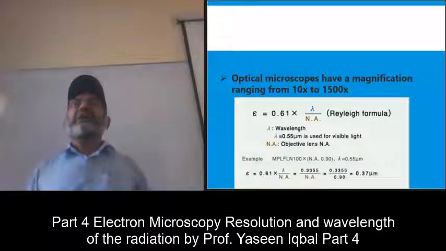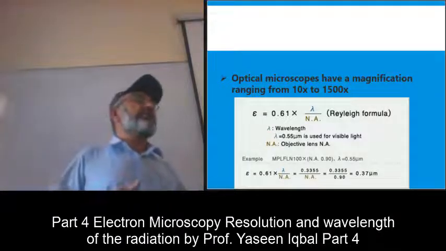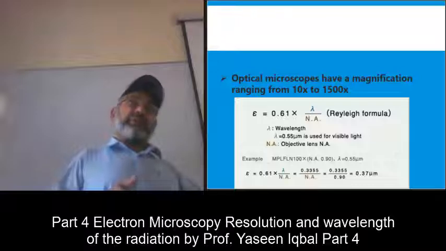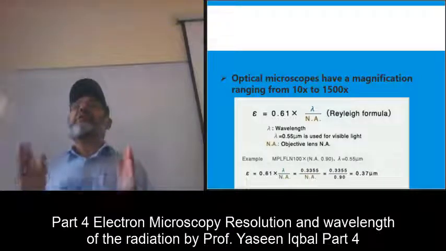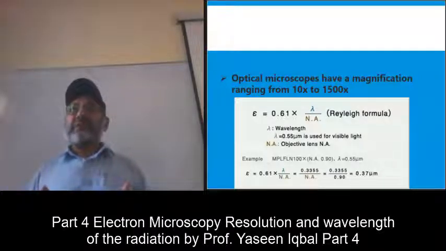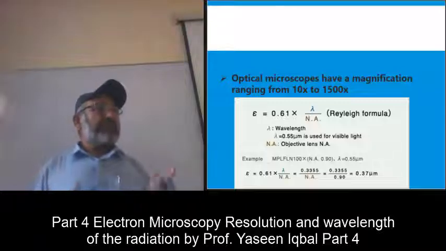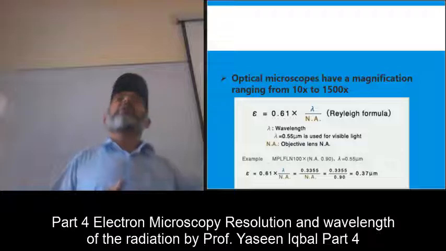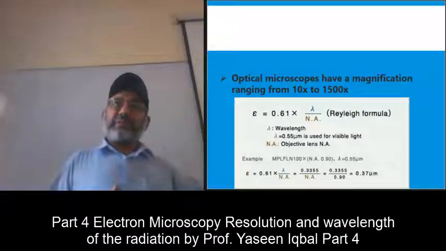Then scientifically, you can go up to half the wavelength of the radiation you are using. So if the wavelength of the radiation is 1 micrometer, then you can resolve features up to half a micron.